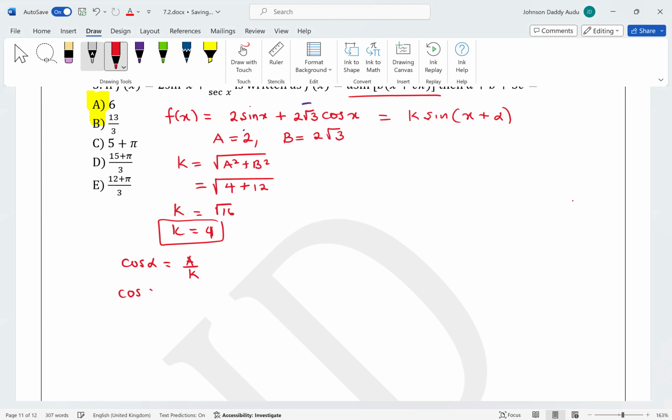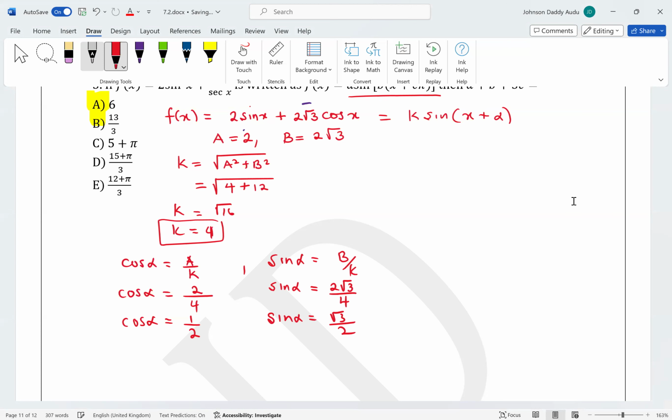So cosine alpha is A, which is 2, over k, which is 4, right? So cosine alpha is just going to be 1 over 2. Also, we know that sine alpha is B over k. B is 2 root 3 over 4, yes? So sine alpha is going to be root 3 over 2, yes?